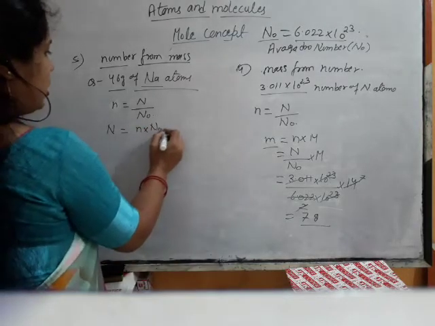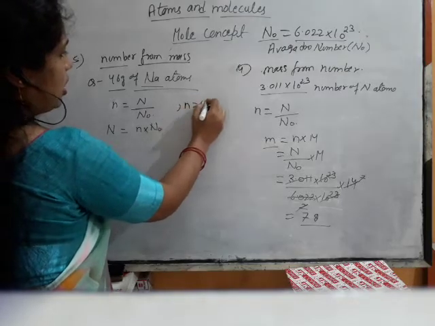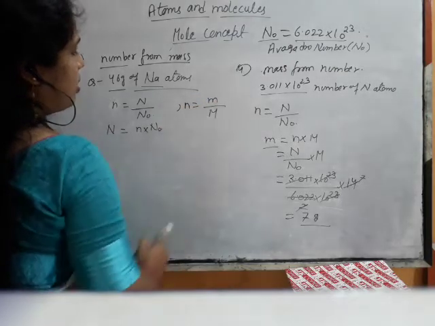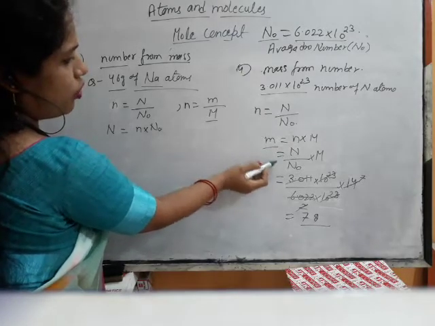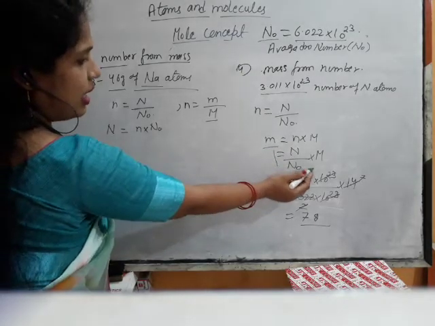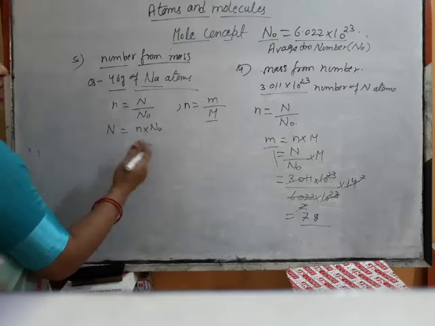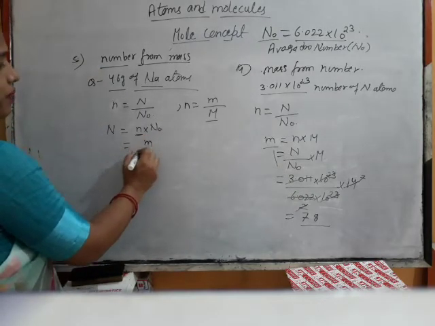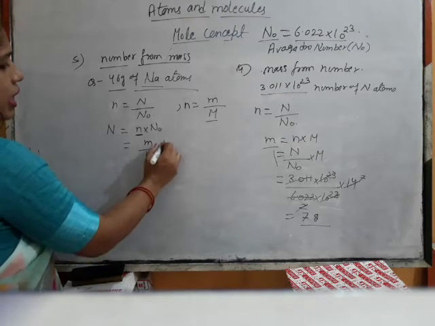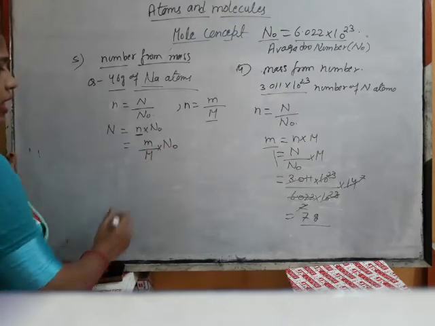So n is also mass upon molar mass. After combining these two formulas, we get N is equal to mass upon molar mass into N naught, which is our Avogadro number.